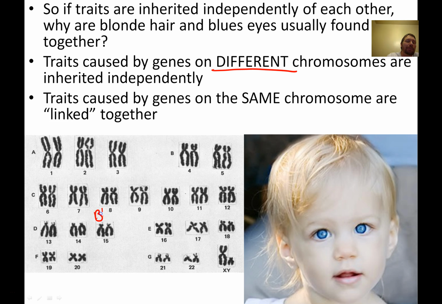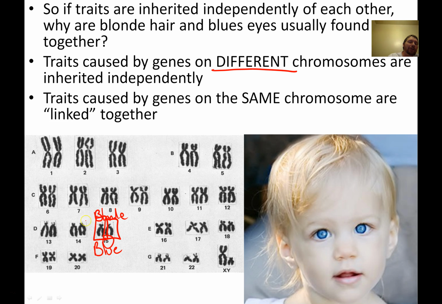The gene that causes blonde hair is on chromosome 15, and the gene that causes blue eyes is also on chromosome 15. So because these genes are on the same chromosome and we pass on whole copies of our chromosomes, that makes it so these genes are usually likely to stick together.